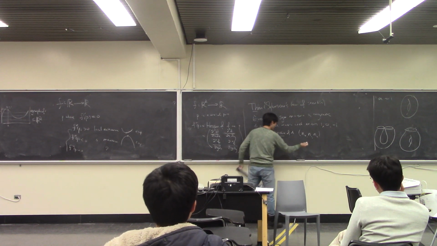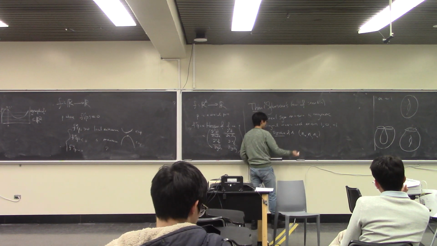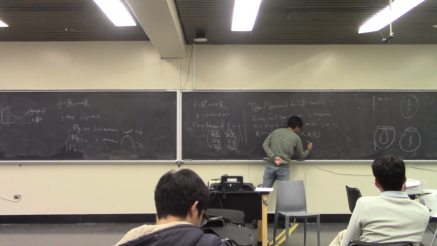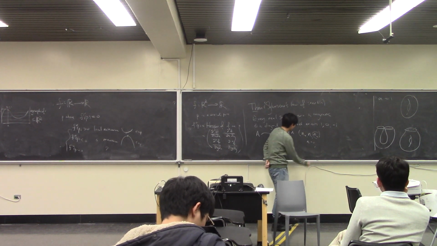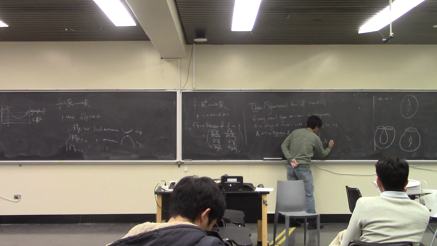And we will make a couple more side definitions. If n zero is equal to 0, so that this diagonal matrix is invertible, then we say that A is non-degenerate.